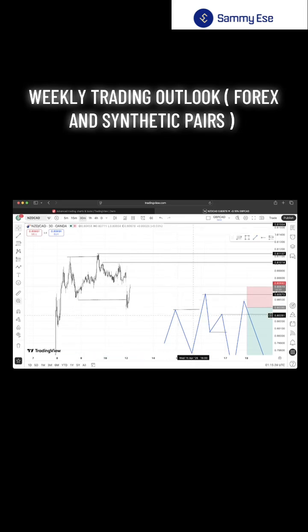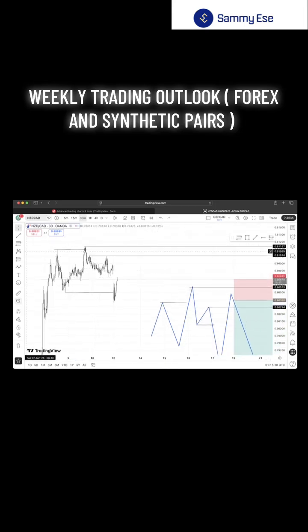Let me remove this. So I can label here A, the structural liquidity B, and the real price is coming from C.